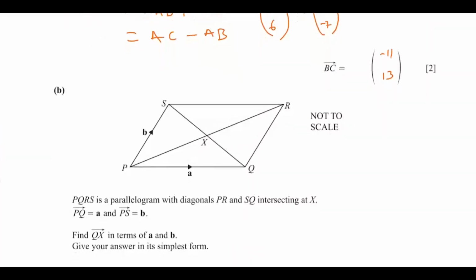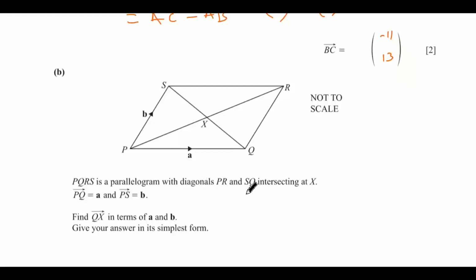Part B. PQRS is a parallelogram with diagonals PR and SQ intersecting at X. From the properties of a parallelogram, the diagonals bisect each other. That means vector SX will be equal to vector XQ, and vector PX will be equal to vector XR.